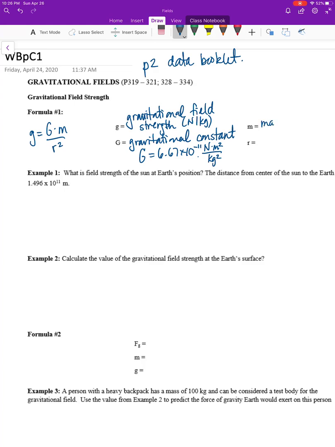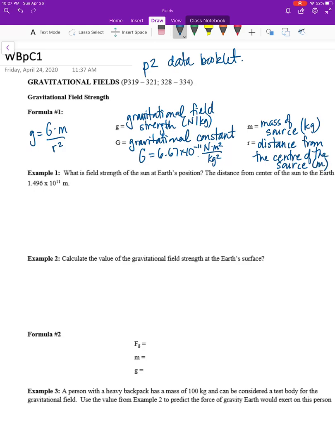M stands for mass of the source, and that's going to be in kilograms. And then r, sometimes we think of it as being a radius, but it's really just the distance from the center of the source, and that's going to be in meters.